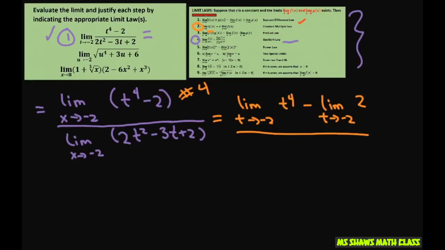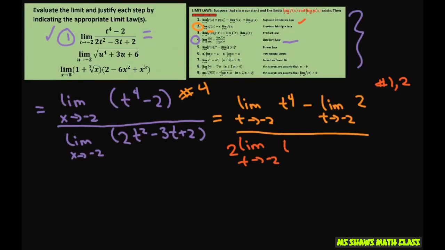So for the next one, you technically have the limit as t approaches negative 2 of 2t squared. Well, you can combine your laws, so I'm going to take that 2 and move it out front. So now I'm using my laws number 1 and 2. So that way we save space on this.